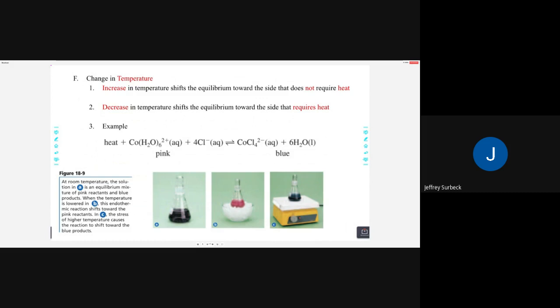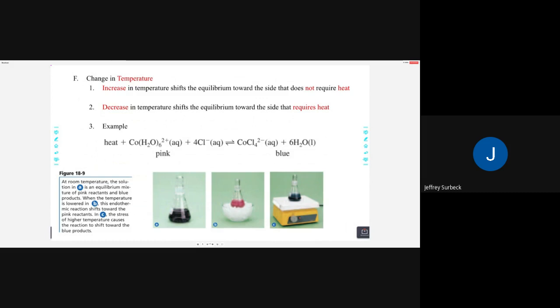If delta H is a negative value, aka an exothermic reaction, heat will be added to the right-hand side or the product side. Now, if we increase the temperature, it's like increasing the concentration, so it shifts to the opposite side of the heat. When we decrease or lower the temperature, it shifts to the same side that we had added that heat.